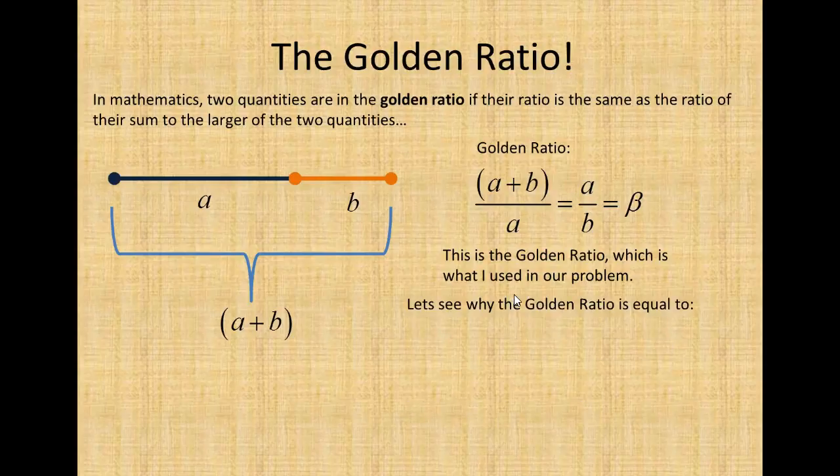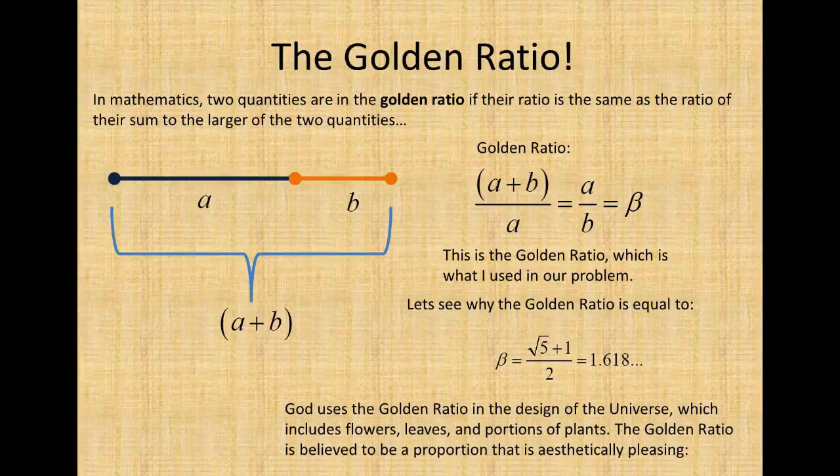Let's see why the golden ratio, beta, is equal to the square root of 5 plus 1 divided by 2, which is 1.618 something. God uses the golden ratio in the design of the universe, which includes flowers, leaves, and portions of plants. The golden ratio is believed to be a proportion that is aesthetically pleasing.